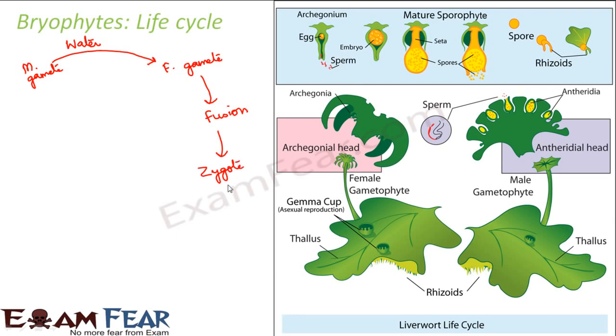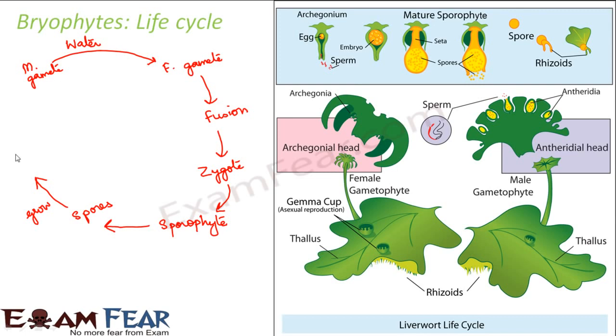Now this zygote will grow to form a structure known as sporophyte. Phyte is plant, sporo is spore, that means a plant which has spores. Now this sporophyte will produce spores, and these spores will grow to form a new plant. What is the new plant?